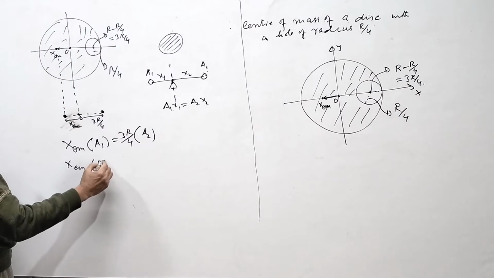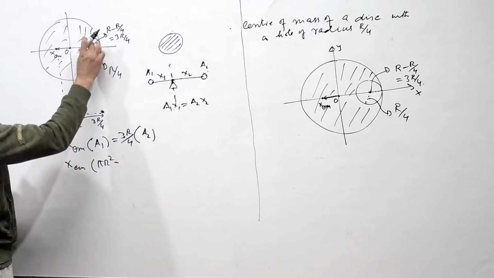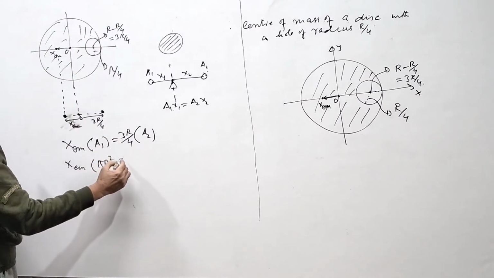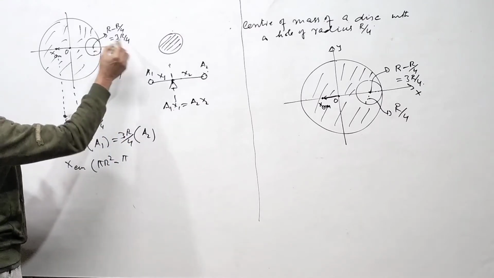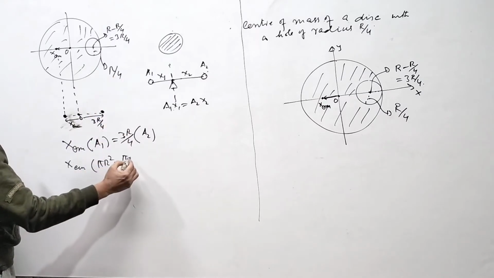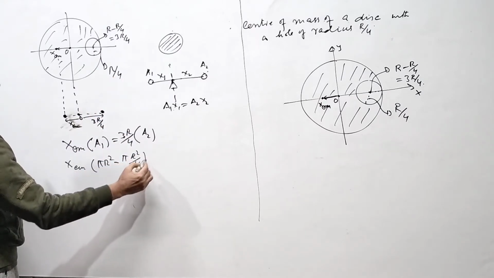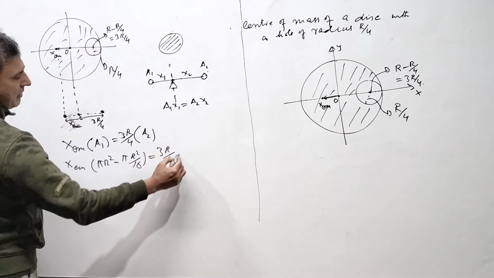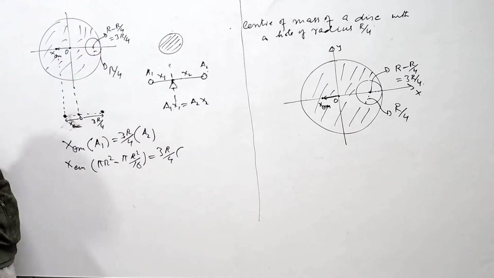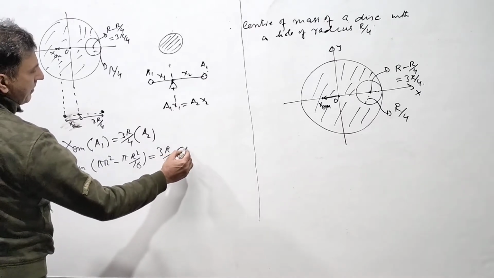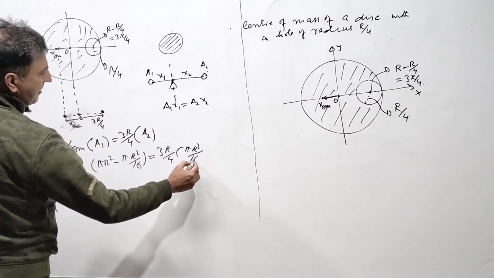That is pi r square minus area of this, that is pi (r by 4) square, which is pi r square by 16. This is equal to 3r by 4. What is A2? Area of this disk which I placed here, that is pi r square by 16. Yes.